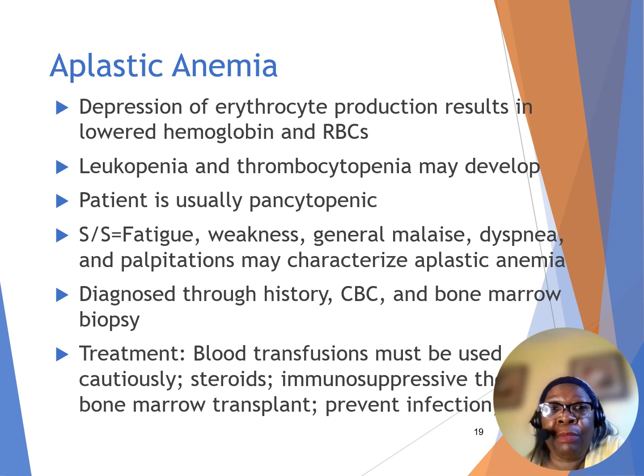How does a bone marrow transplant help in treating aplastic anemia? Red blood cells are made in the bone marrow. So if we give a bone marrow transplant, we can get new red blood cells hopefully being manufactured. Okay, very good.